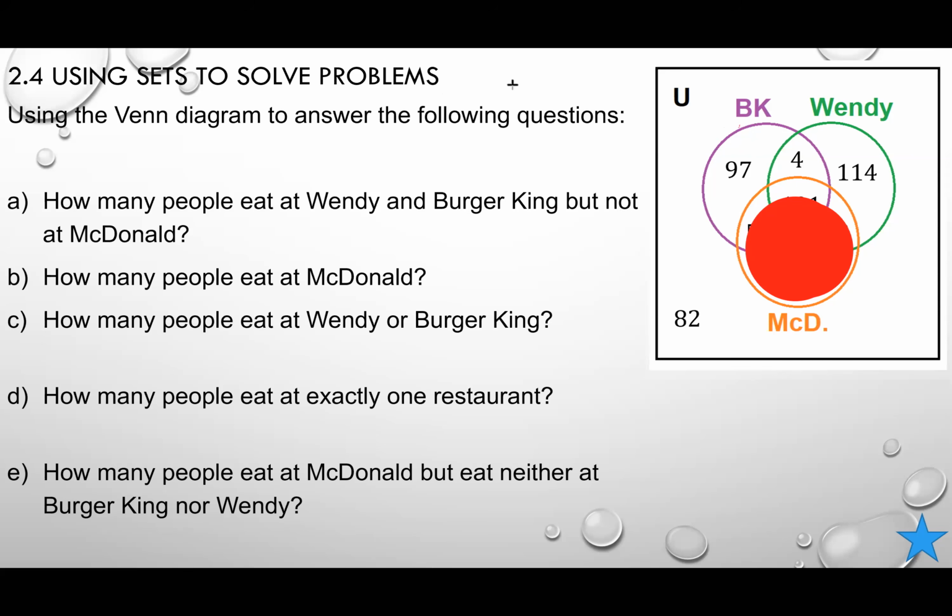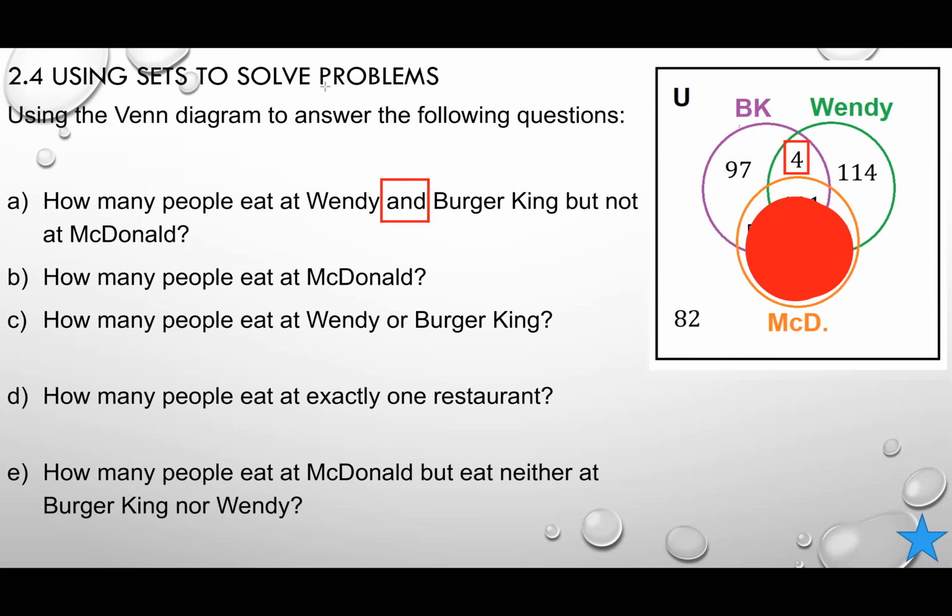So we cannot count any people in McDonald's because we're not looking for people who eat in McDonald's. Now, remember the word and. What is the word and? The word and is the intersection, the upside down U, meaning what do the two items have in common? So you can see where the people are who go to both Burger King and Wendy's.